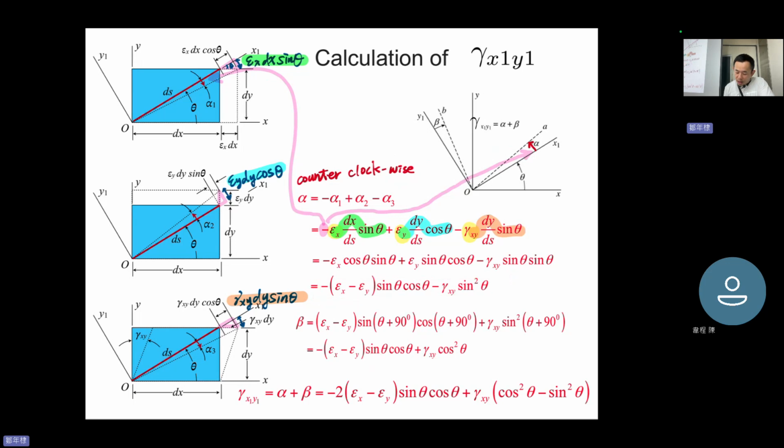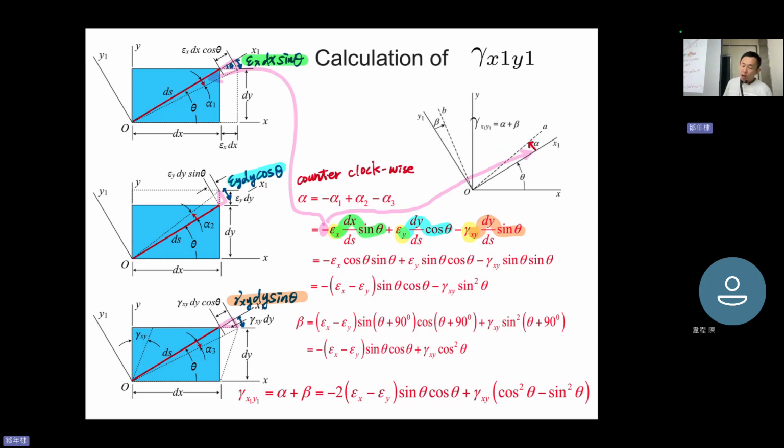Oh, by the way, the alpha has three contributions, right? Epsilon x we call alpha 1, epsilon y alpha 2, gamma xy alpha 3. Okay, so summing up together, your alpha becomes a very ugly term here. Don't worry.